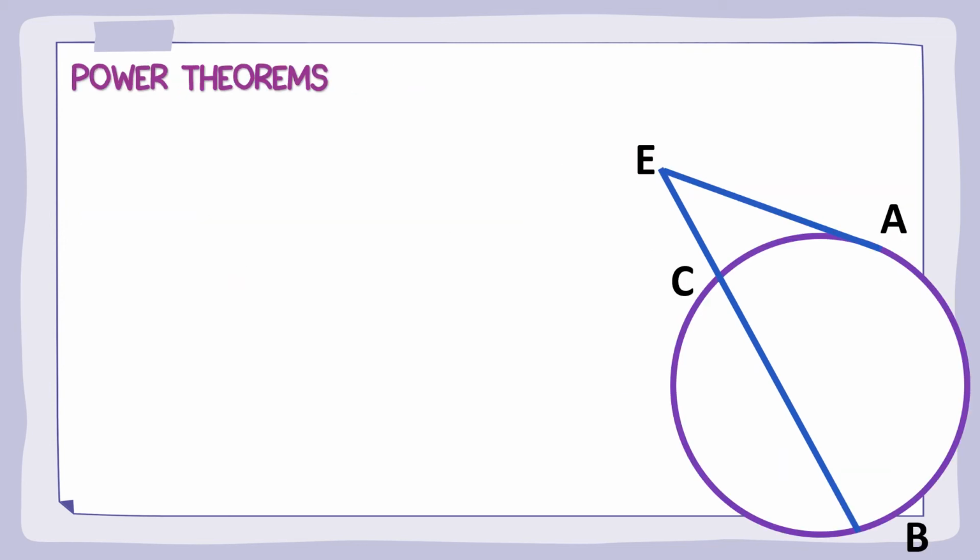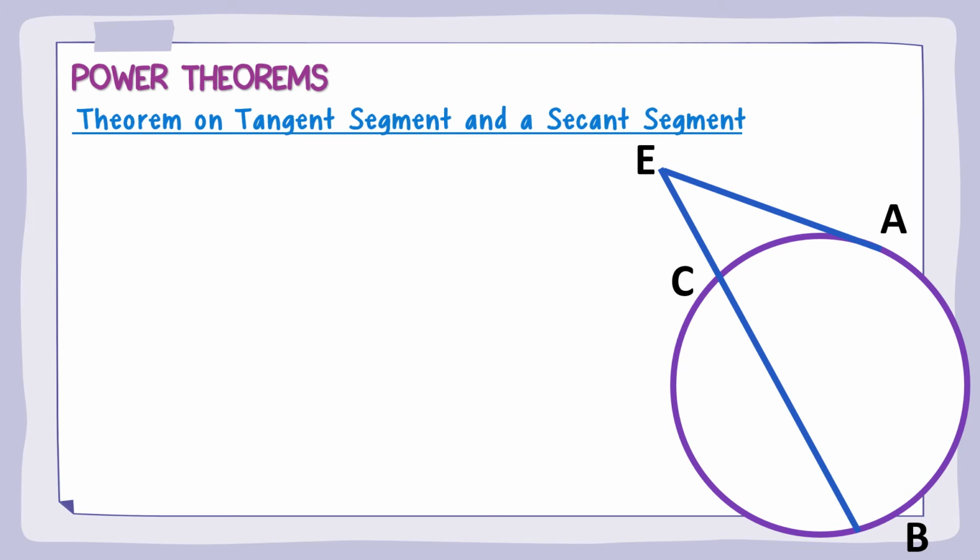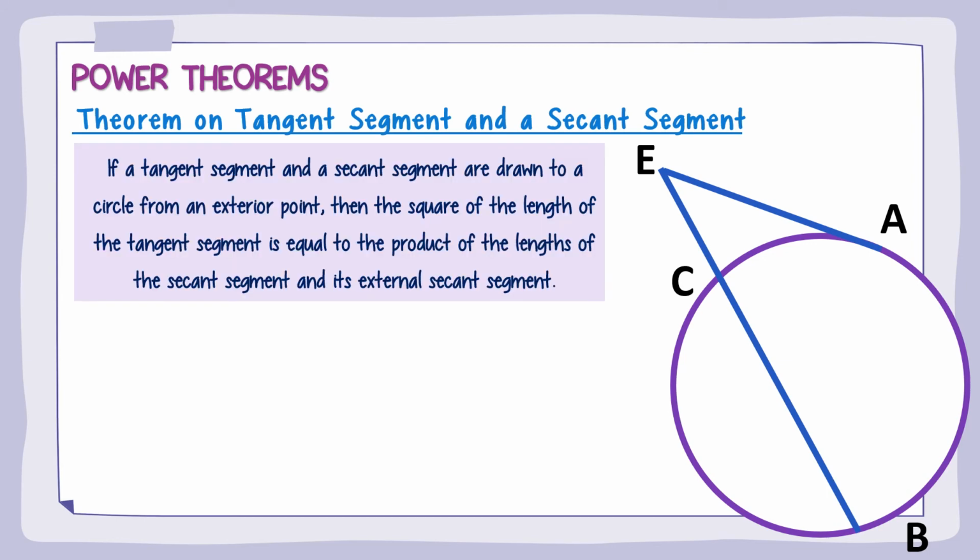Next, the third power theorem. The theorem on tangent segment and secant segment. According to this theorem, if a tangent segment and a secant segment are drawn to a circle from an exterior point, then the square of the length of the tangent segment is equal to the product of the lengths of the secant segment and its external secant.